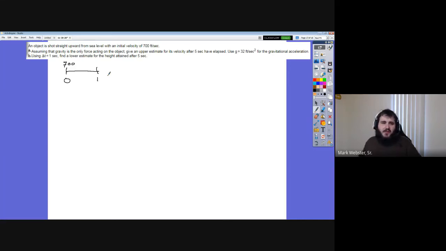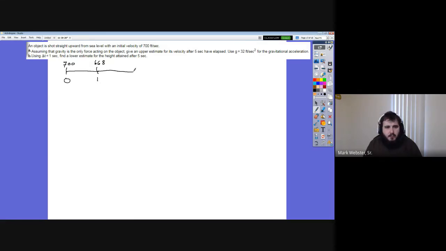We know that the acceleration due to gravity is 32 feet per second downward, and we're shooting upward. So we're going down 32 feet per second every second. So if we're going down 32 feet per second every second, aren't we at like 668?